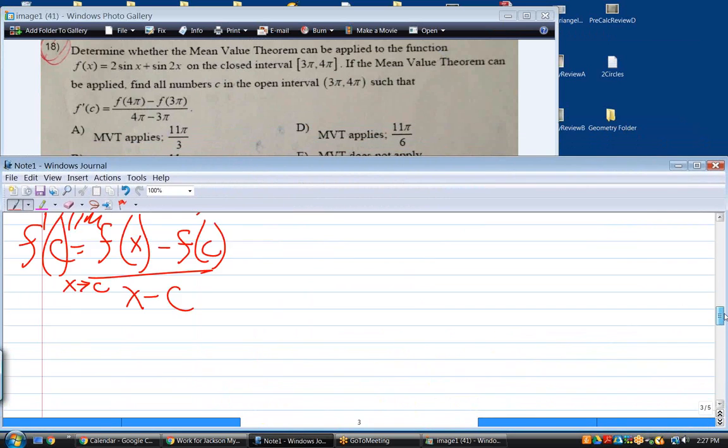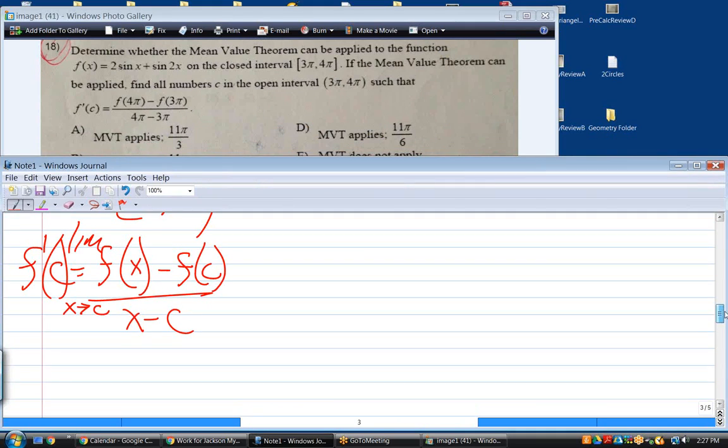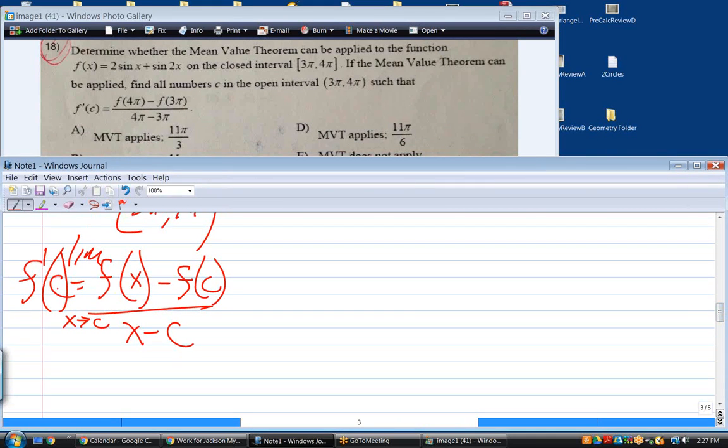On my original equation, f prime of c equals the limit of f of x minus f of c all over x minus c. Well, what is that? That's the average rate of change, right? Between 3 pi and 4 pi.